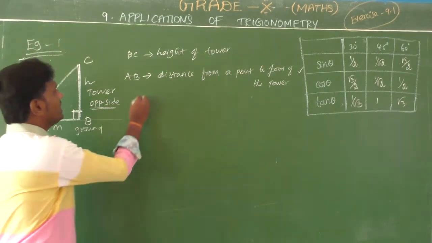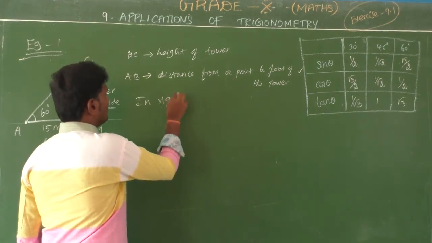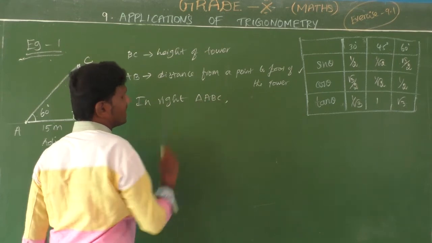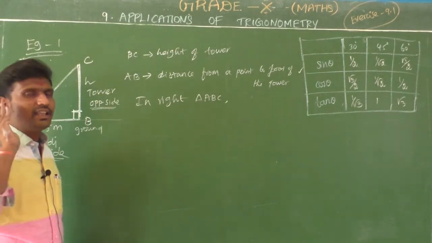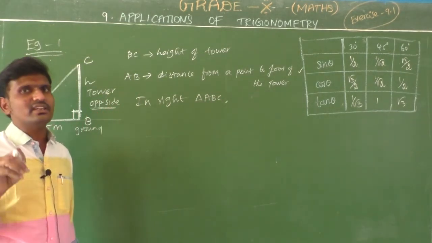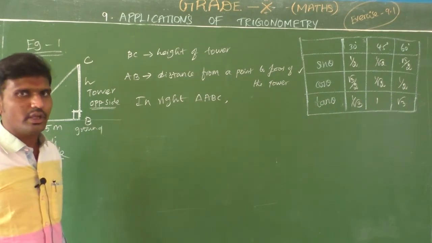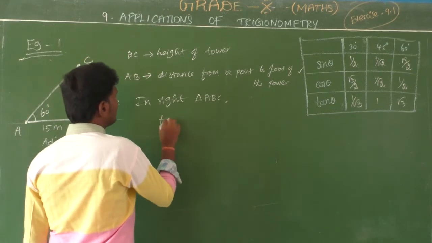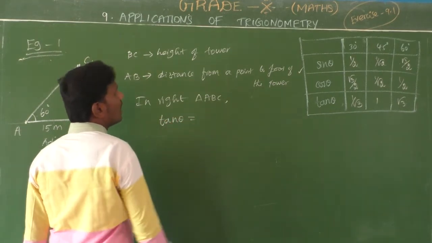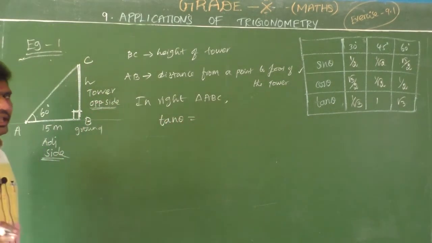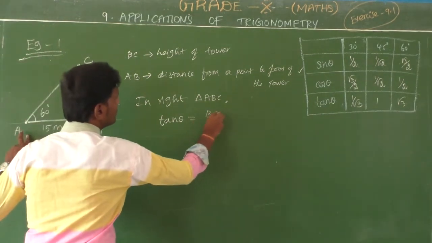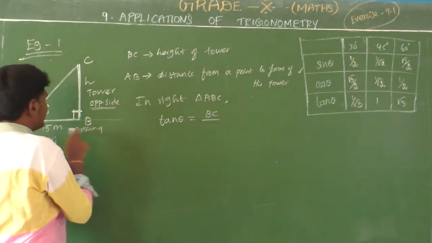So in right triangle ABC, only in a right triangle are we going to use a trigonometric ratio. That's why I explained that. In right triangle ABC, I am going to take tan theta, which is equal to opposite side divided by adjacent side. Here the opposite side is BC divided by the adjacent side AB.